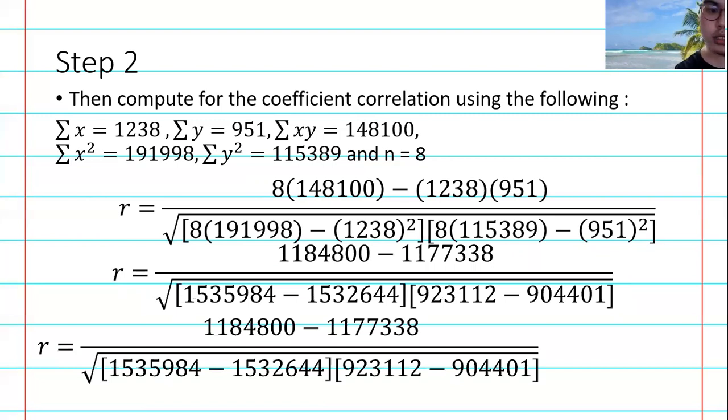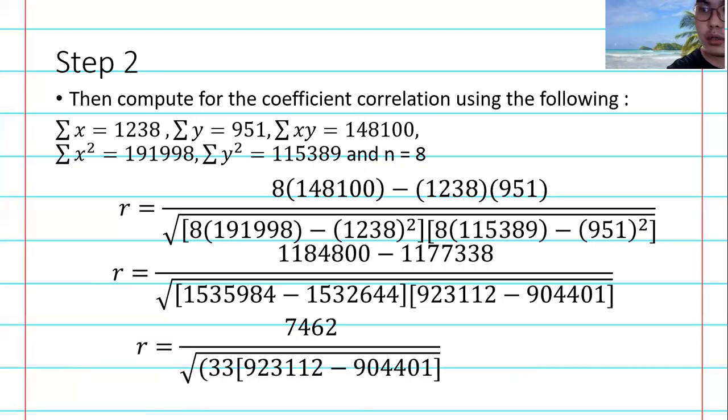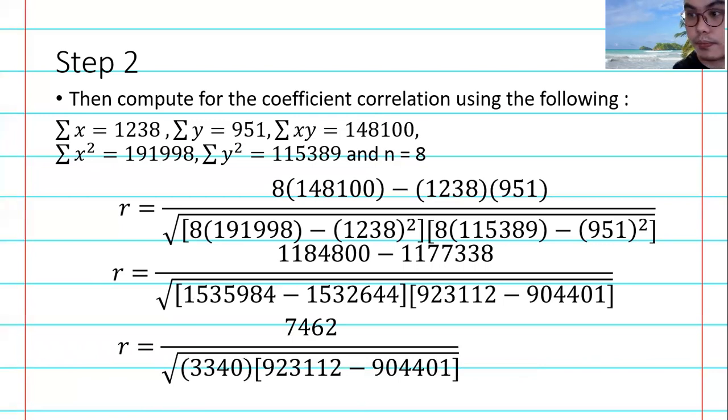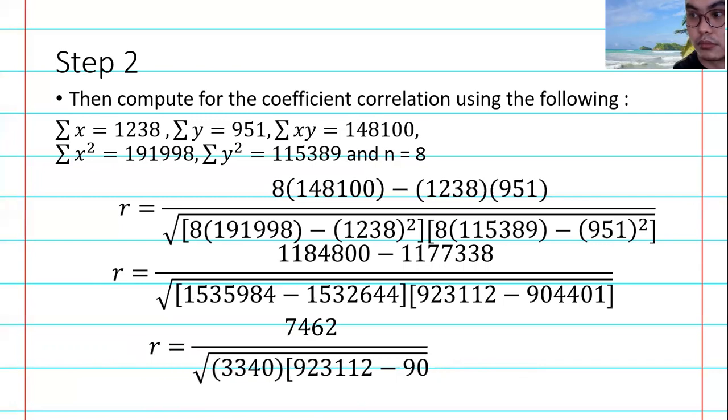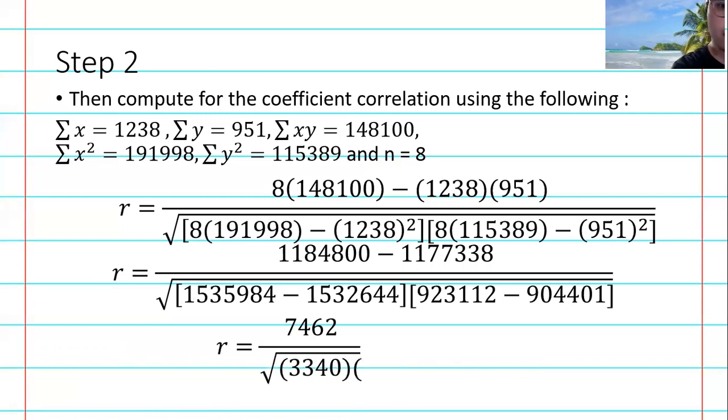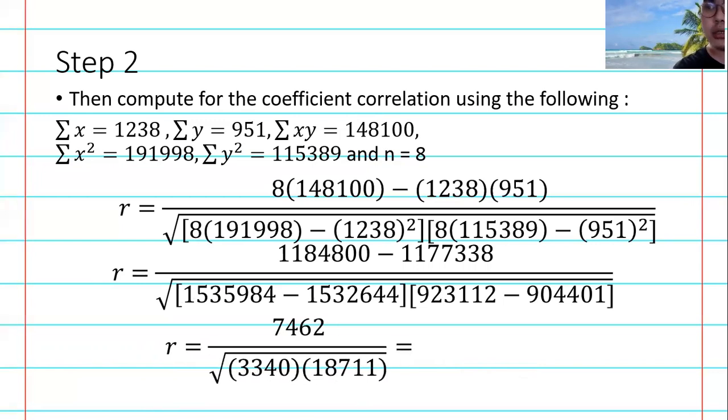This will be 7462. Then here we're going to subtract. So now we're going to multiply what's inside the square root.